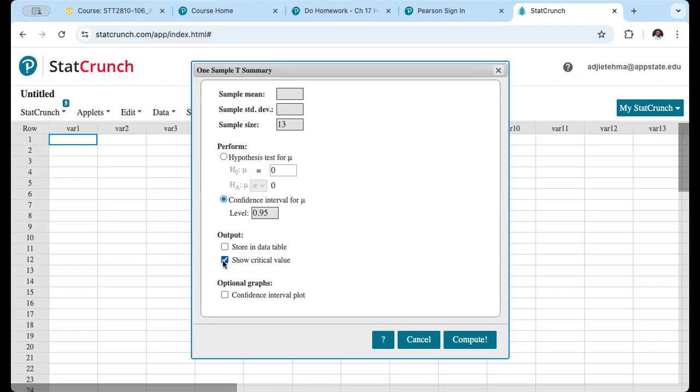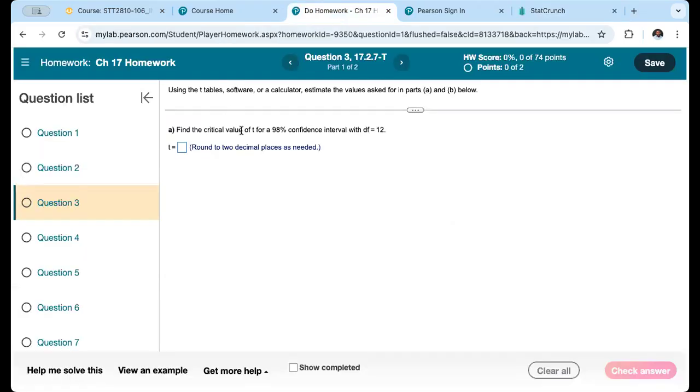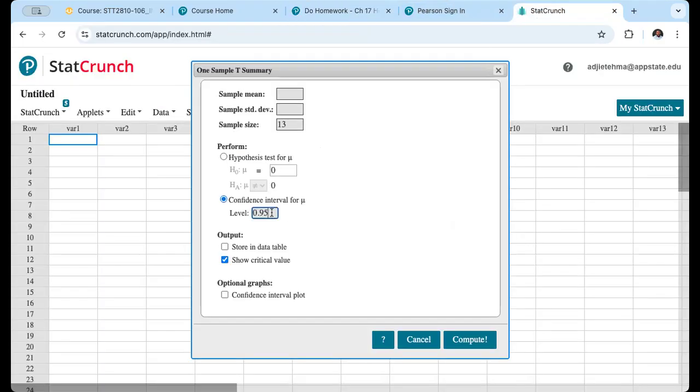Good. What is the confidence level? We are asked to find a critical value for the 98% confidence. In my problem, it's 98% confidence level. So I come here, I change this from 0.95 to 0.98. Good.